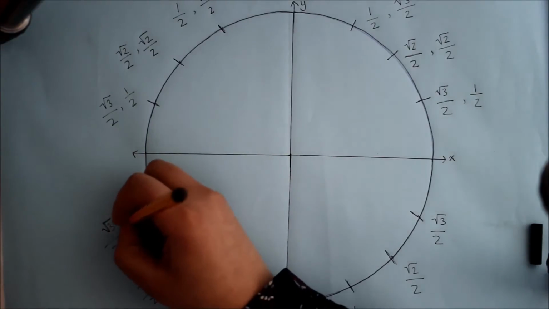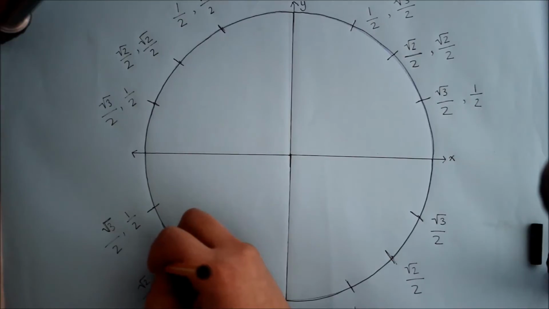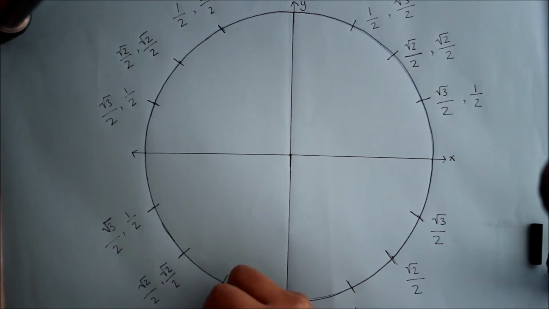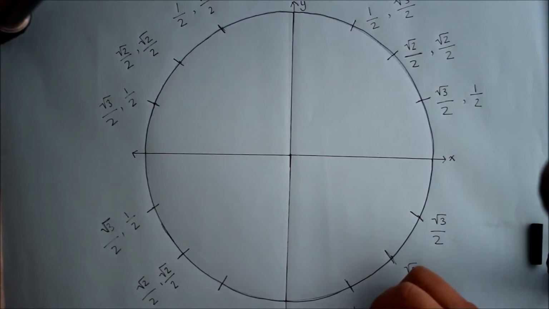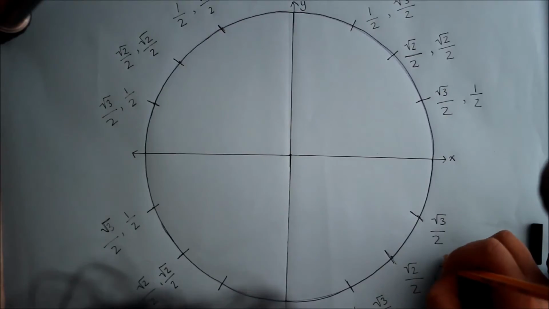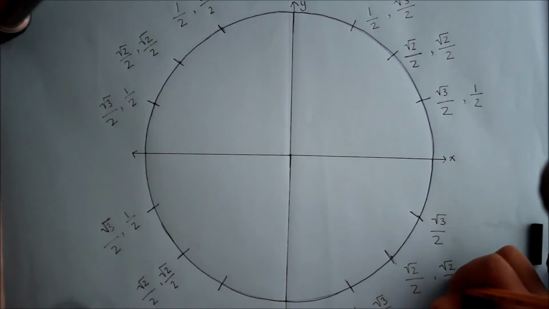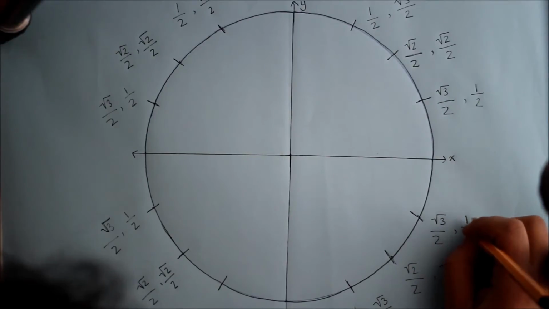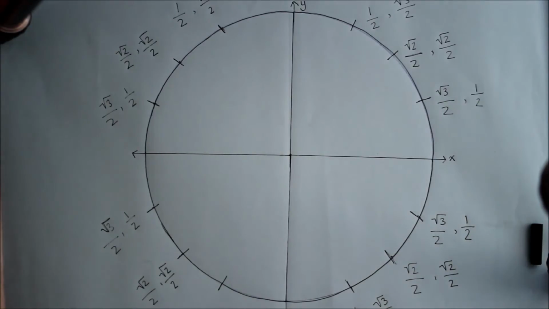And then it's the same for all of those. Alright? Square root of 2 over 2, square root of 3 over 2, and square root of 3 over 2, square root of 2 over 2, and 1/2. Alright?